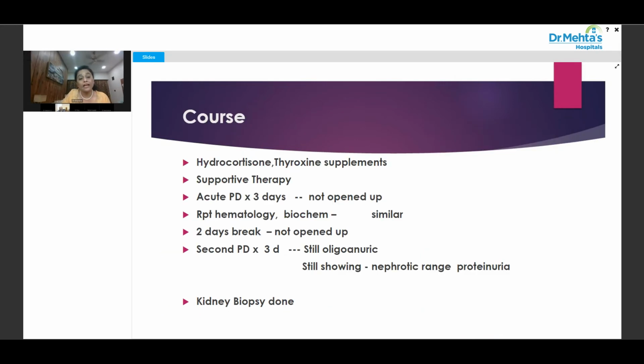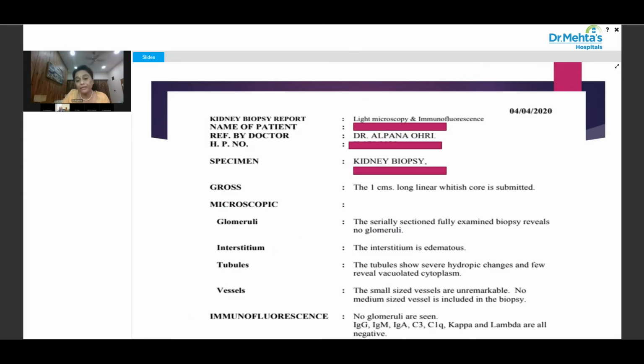The child was started on hydrocortisone and thyroxine supplements and supportive therapy, and PD was initiated and given for 3 days, but the kidneys did not open up. After a break of 2 days, a second PD was done, and she still remained oligoanuric. All this time she had nephrotic range proteinuria. Hence, a biopsy was done. Biopsy did not show any glomeruli. The interstitium was edematous.